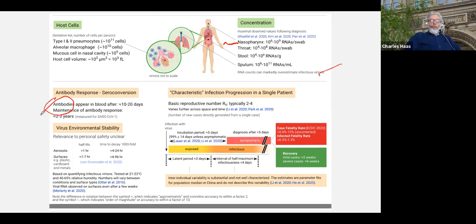In aerosols, a half-life greater than an hour. On surfaces, a half-life of 1 to 7 hours, depending on the surface, and both the aerosol and surface half-life will depend on temperature and relative humidity. And those dependencies are still being worked out.